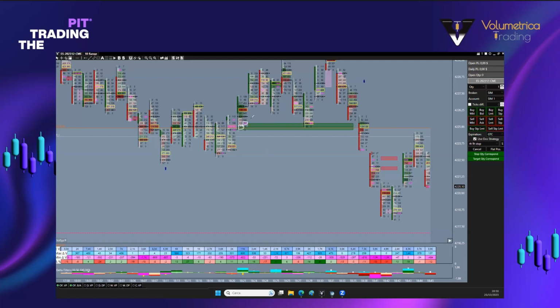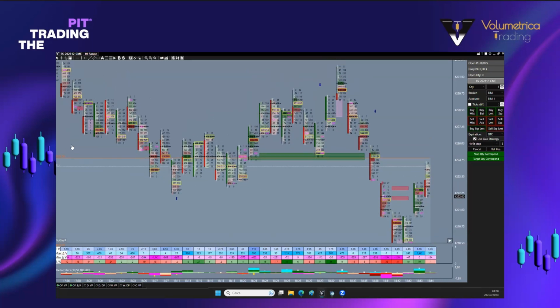Same thing, but it has to be looked at the other way for selling imbalances, which of course will show on the left-hand side of the candle. This is a little bit weaker, but still good. We have 102 contracts aggressively sold on this level.